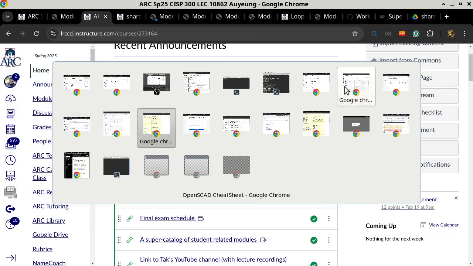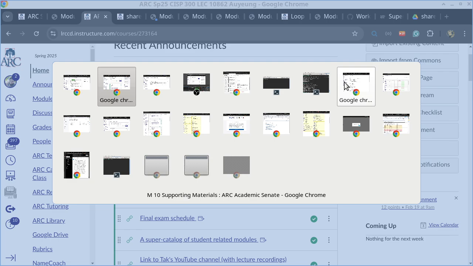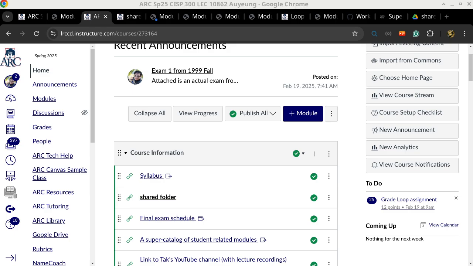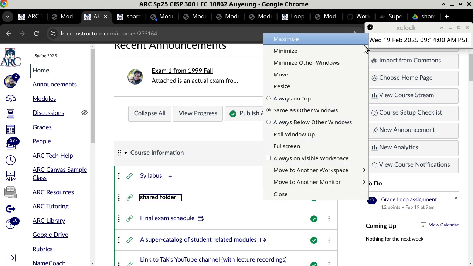So let me go back and make it reappear. I don't know where the clock is. I don't see the clock at all. All right, well, that's okay. We'll just restart. No, it's still here. Okay, I can close it and restart it because I forgot to make the clock always on top. So I just have to remember to do that.